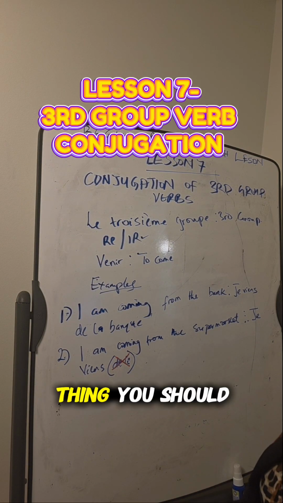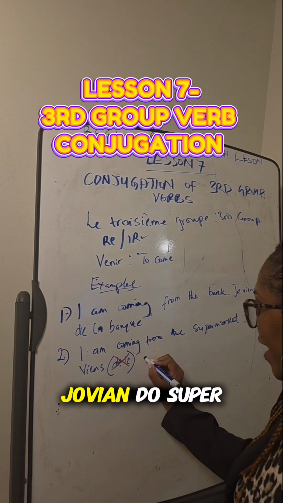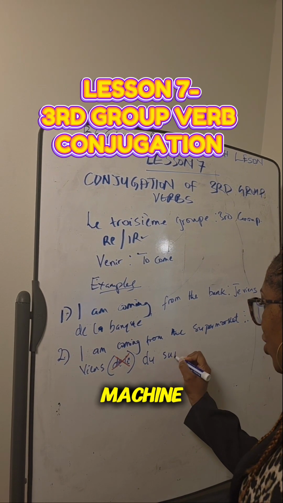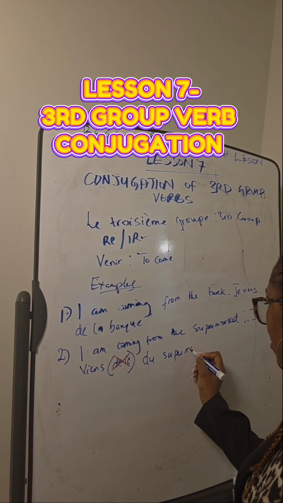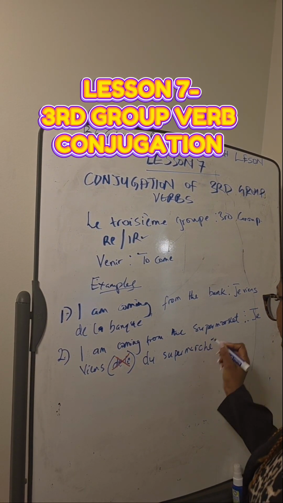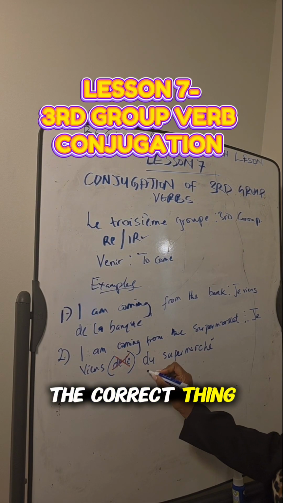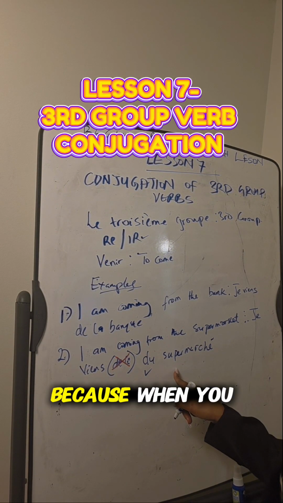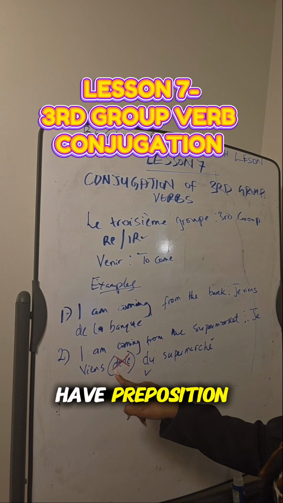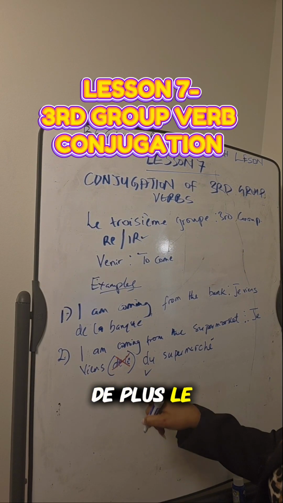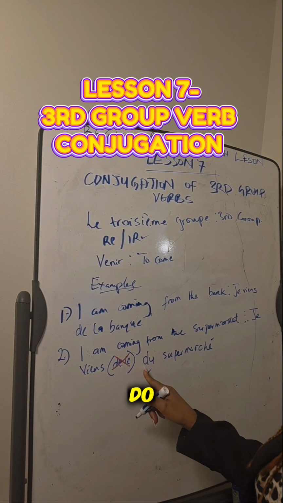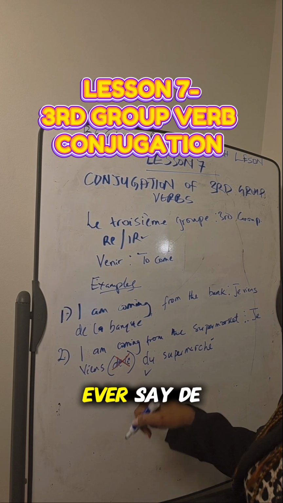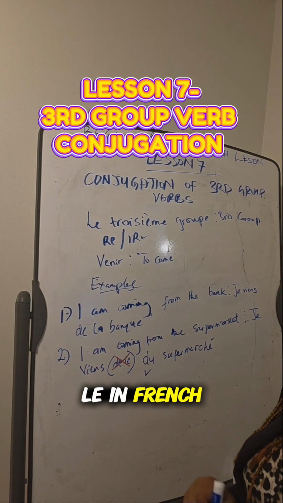So the appropriate thing you should say here would be je viens du supermarché. So this is the correct thing. And this is because when you have preposition de plus le in French, that should give you du. Do not ever say "de le" in French.